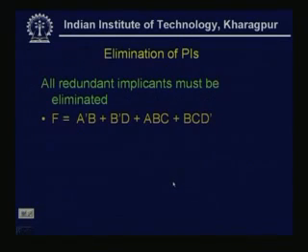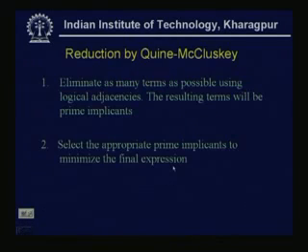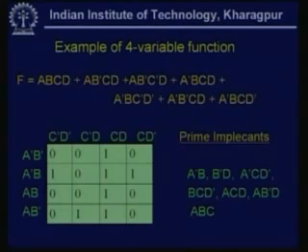Now if I take another example, then where the prime implicants are, say that the previous page we have seen that if I take one example where the prime implicants are, these are the prime implicants, that A dash B, B dash D, A dash C D, D dash, B C D dash, A C D, A B dash D and A B C. So these are the prime implicants.